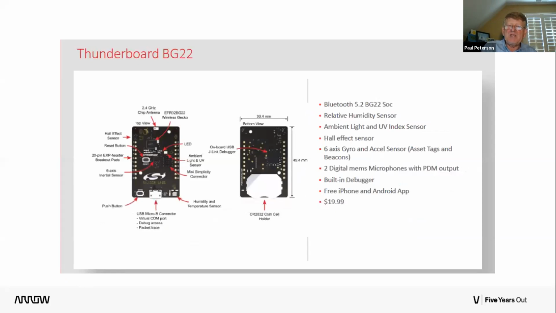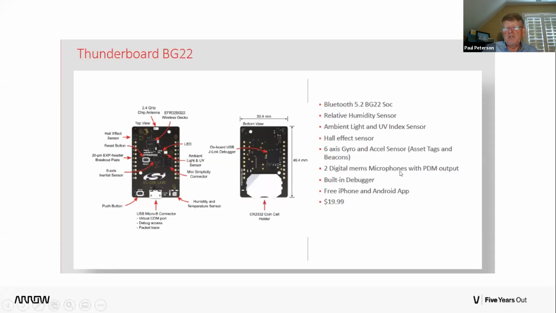There will be things like evaluation boards. This happens to be an evaluation board that shows the chip level design. There are quite a few sensors, roughly nine on here: humidity sensor, ambient light, UV, Hall effect, digital MEMS microphones. Keeping in mind that with Bluetooth 5.2, we have the capability of transmitting audio, so we can do full audio interfacing.